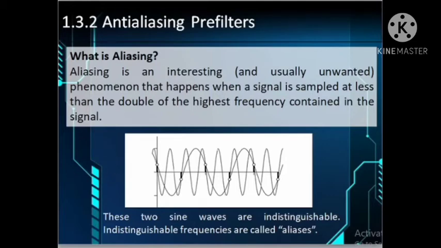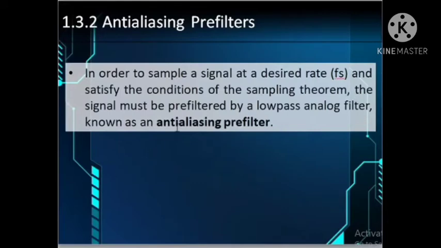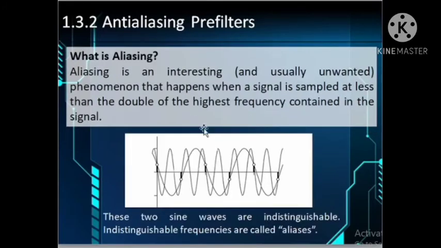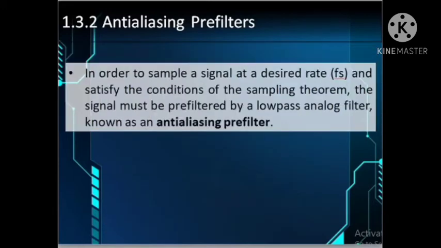And in order to sample a signal at the desired rate and satisfy the conditions of the sampling theorem, the signal must be pre-filtered by a low-pass analog filter. That is where anti-aliasing pre-filters come in, to make it correct, because the sampling rate would be less than double the highest frequency based on the sampling criteria. That is why you need an anti-aliasing pre-filter.